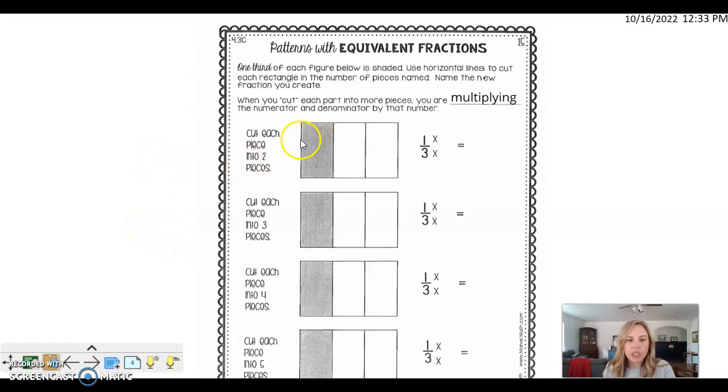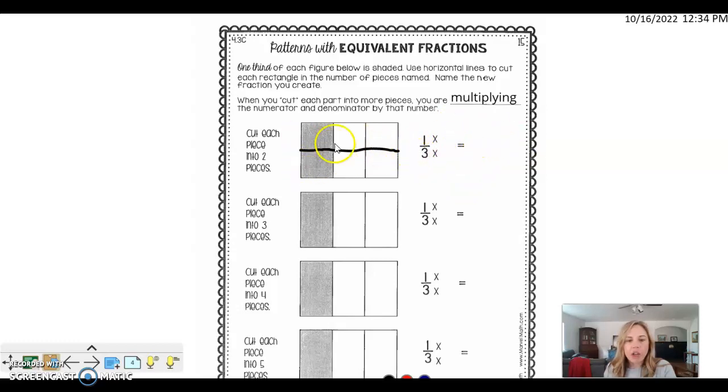So what you're going to do is you are now going to do this side by yourself. C, you need to follow the instructions on the left. Cut each piece into 2 equal pieces. Let's do the first one together. So we're going to cut each piece into 2 equal pieces, right down the middle, horizontally.